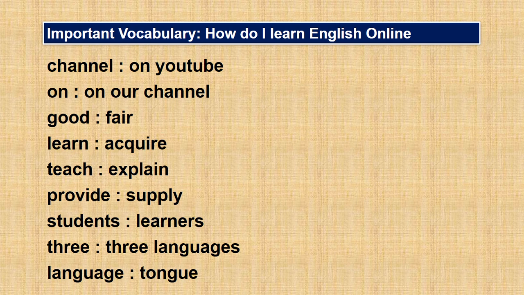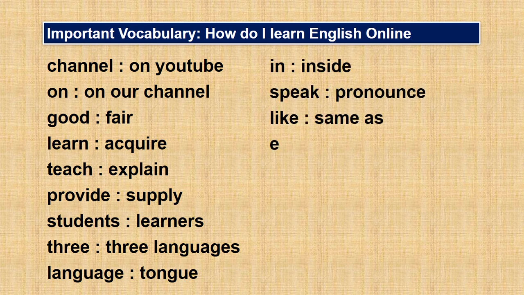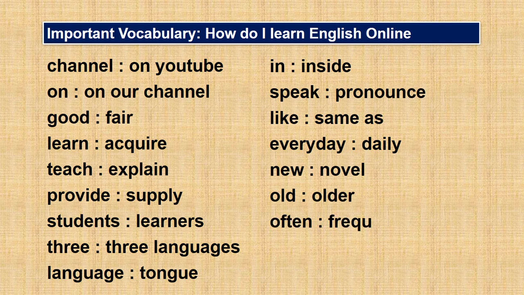So here we have the first set of words on your screen. You can write them down and try to use them while preparing the topic in writing and in speaking both.